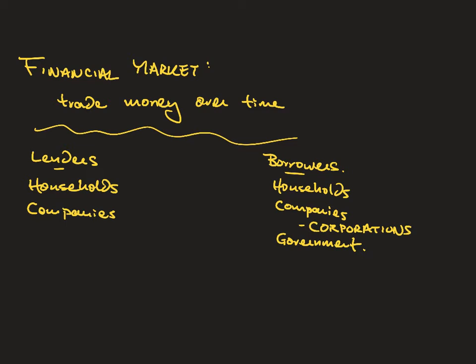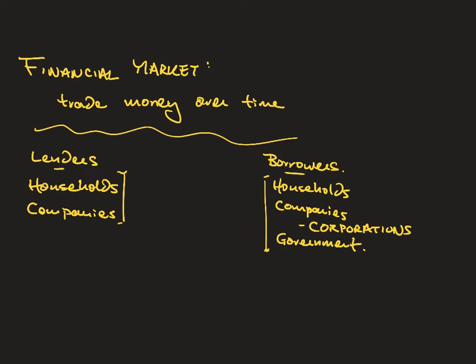Now, these borrowing and saving transactions don't typically go directly from the lender to the consumer. In other words, if I have $1,000 I don't know what to do with, I don't go shopping around for someone to loan that to myself. And flip side of that, if I'm trying to borrow money, I don't go asking different people to loan me money so I can buy a car.